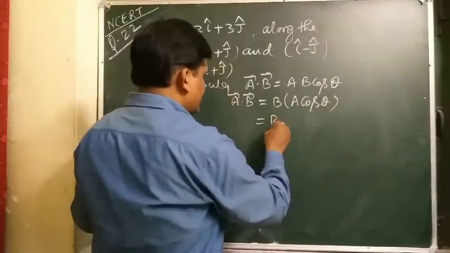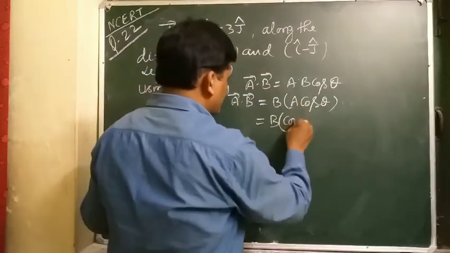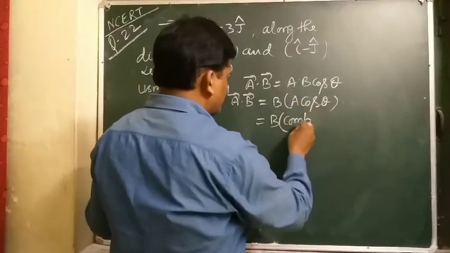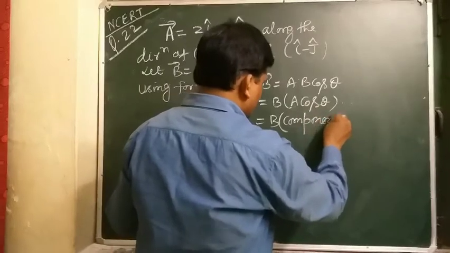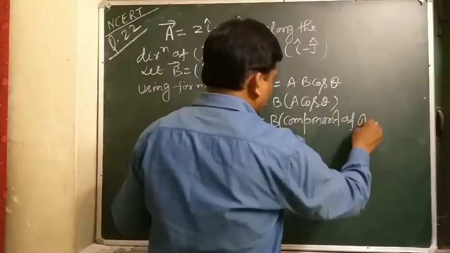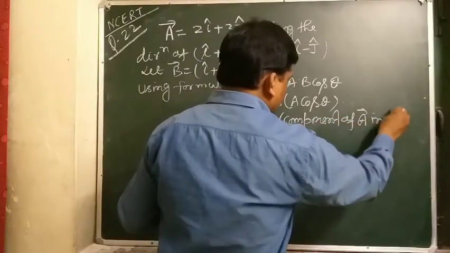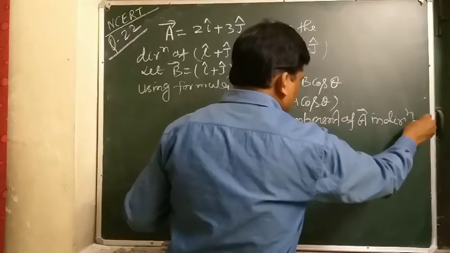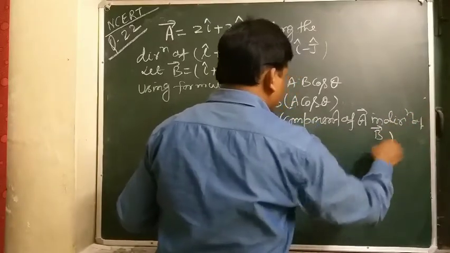And this a cos theta is the magnitude of the component of vector a in the direction of vector b.